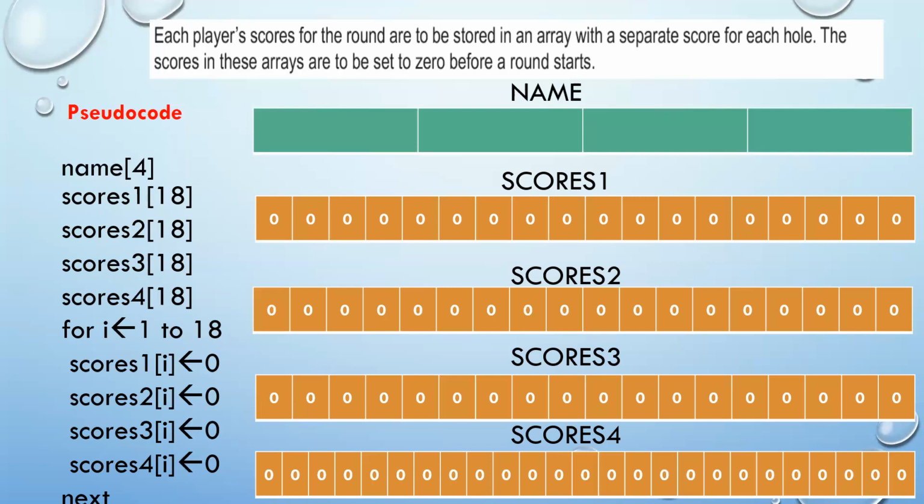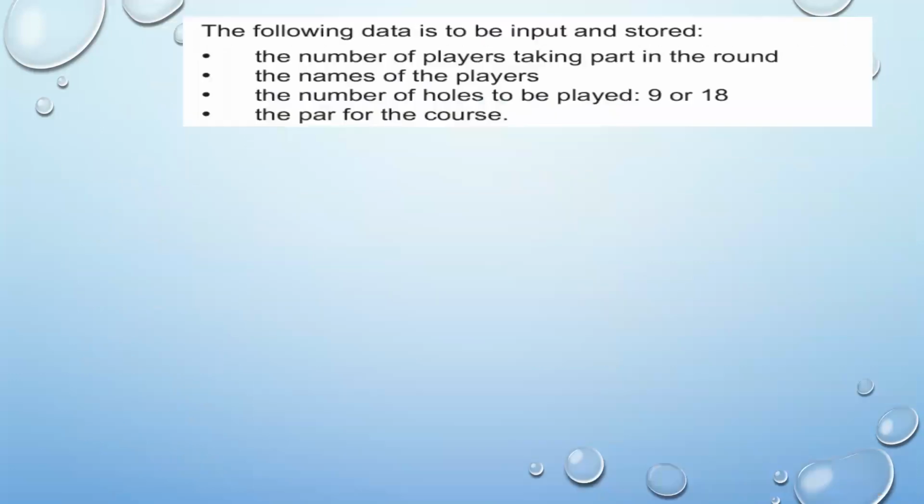Hence, the loop starts from 1 and goes up to 18. Why 18? Because the question says the maximum number of holes will be 18. So I'm assuming 18 holes. Because of the for next loop, each of the arrays would be initialized with the value 0.